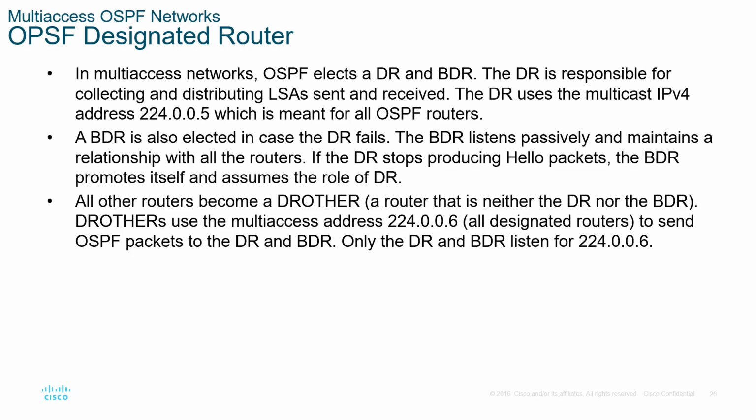One of these is 224.0.0.5, which is for the DROthers. The DROthers will join a multicast group called 224.0.0.5. So every time a DR or a BDR needs to propagate information, they will send to the destination IP 224.0.0.5, which all the other routers participate in.